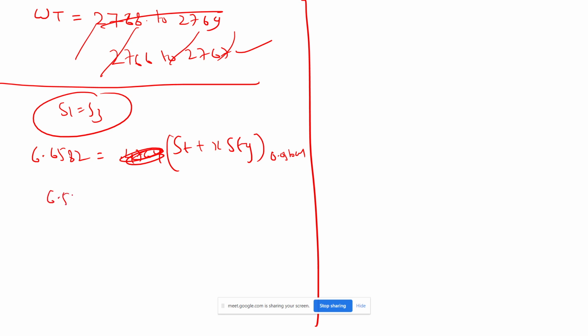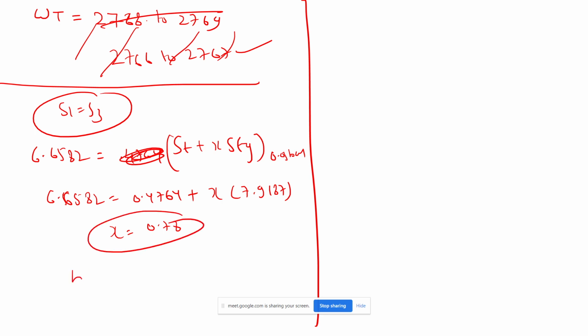So 6.6582 equals 0.4764 plus X into 7.9187. What is the value of X you are getting from here? 0.78. Now from here you can calculate the enthalpy at point 3.